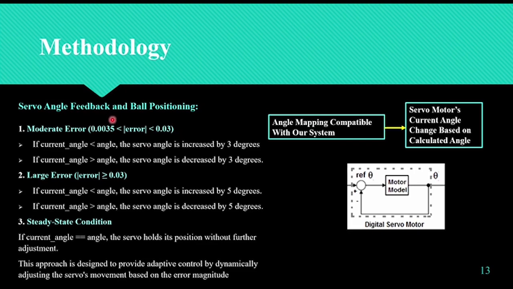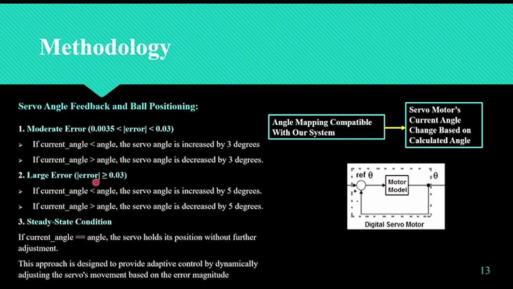The logic ensures smooth and adaptive control by varying the step sizes based on the error magnitude. If the error is moderate, like if it is between 0.35 centimeters and 3 centimeters, the current angle is adjusted in steps of 3 degrees. This is done to make sure the system stays stable and overshoot is avoided.